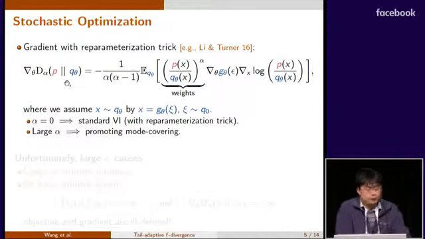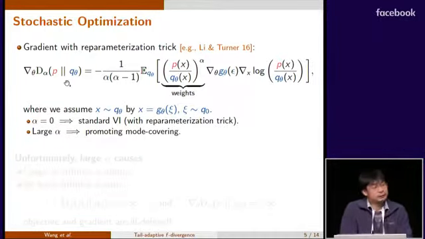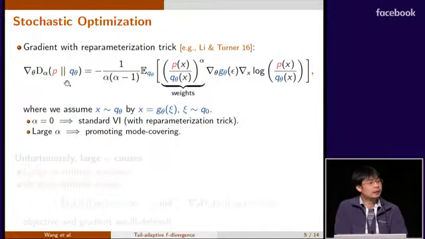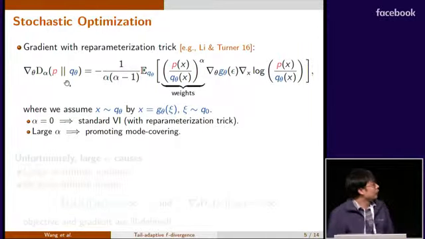As the last spotlight suggested, the reparameterization trick has been really useful, and this is one of the reasons we can now optimize over a fairly flexible Q theta family. It turns out we can perform stochastic optimization over general alpha divergence by writing down this formula for the gradient.